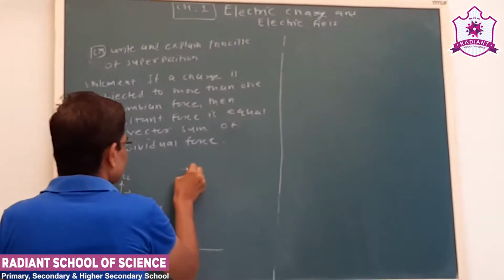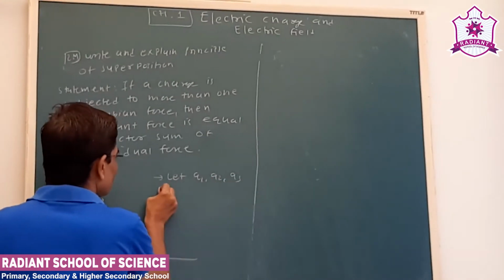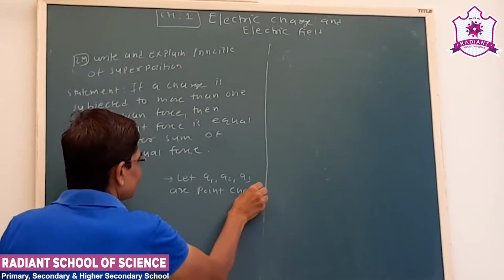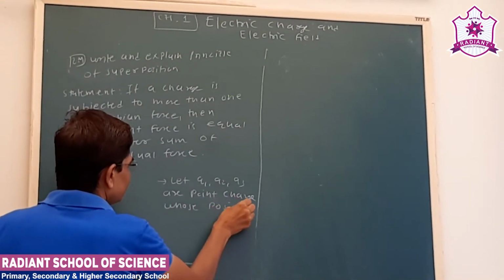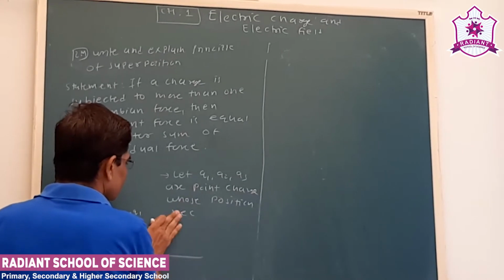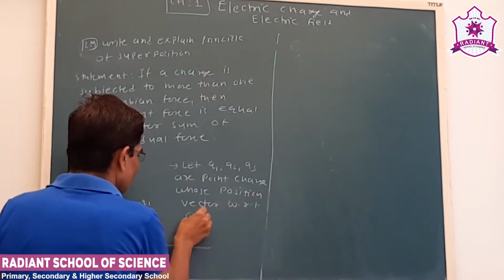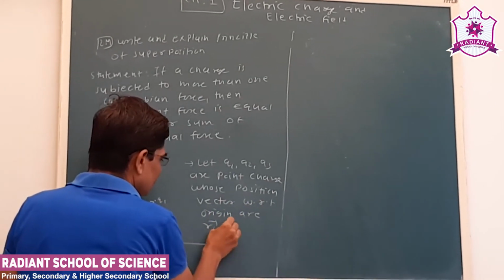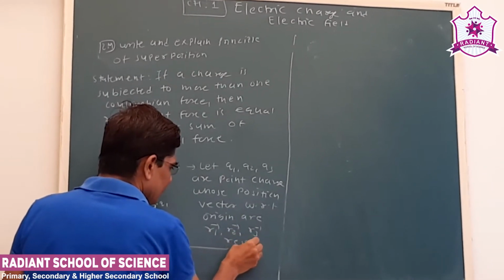So we can write: let Q1, Q2, Q3 be point charges whose position vectors with respect to origin are R1, R2, R3 respectively.